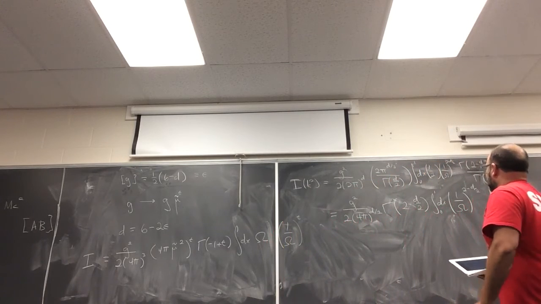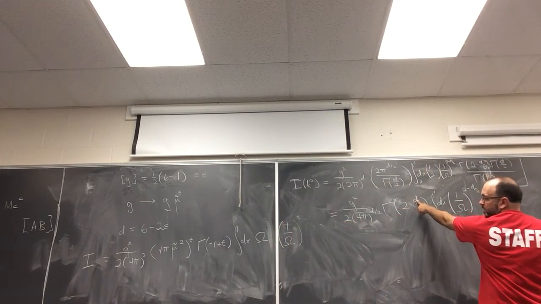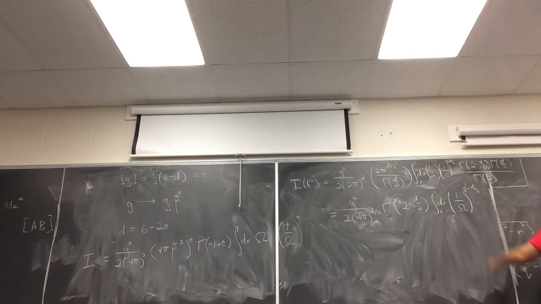This is what I end up with when I plug in d equals 6 minus 2 epsilon and simplify. Is that right?